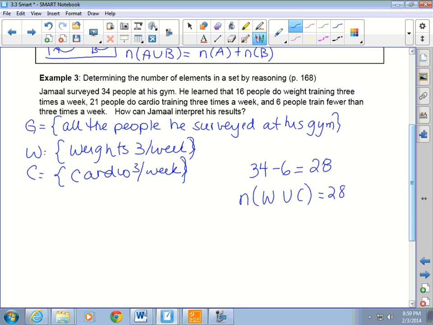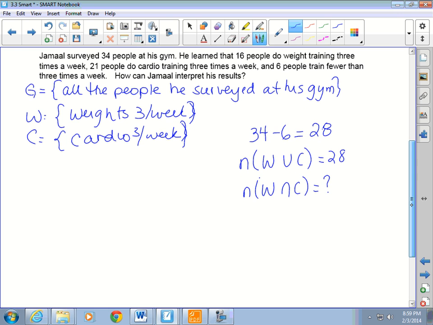So what we need to figure out then is how many, because we could draw our Venn diagram for this, but we don't know how many are in that overlap spot. So that's what we need to find. How many do weights and cardio 3 times a week? The way that we're going to figure this out is by using our union formula.